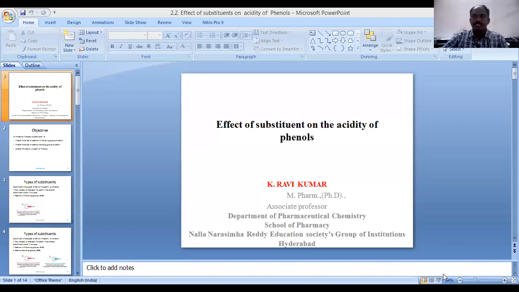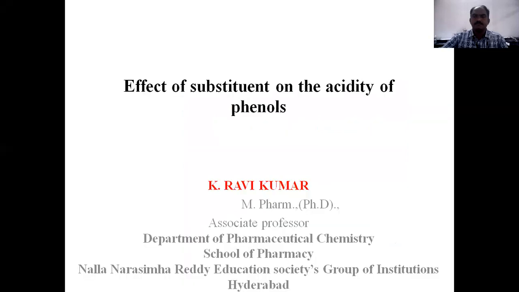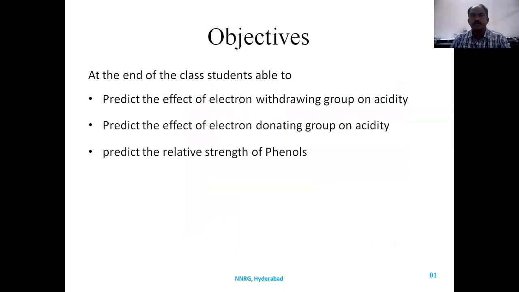The objectives of today's class: at the end of the class, the students will be able to predict the effect of electron withdrawing groups on acidity of phenols, and how electron donating groups on the aromatic nucleus will affect the acidity of phenols.